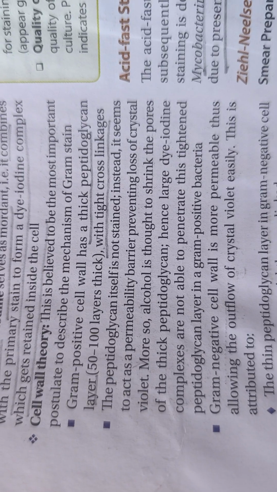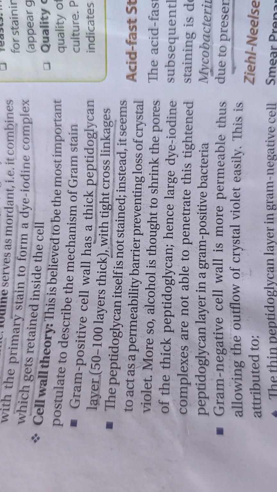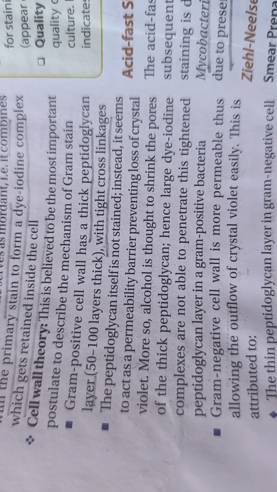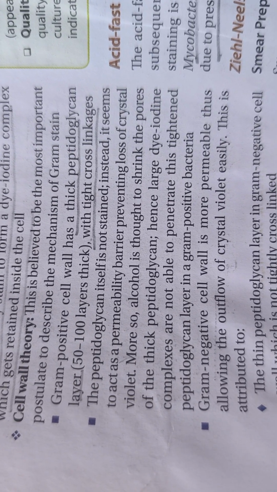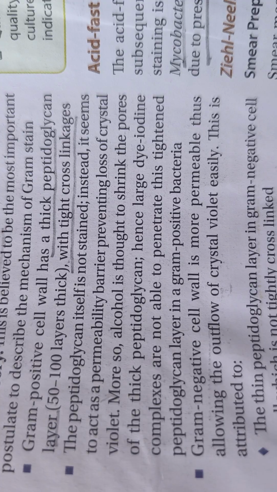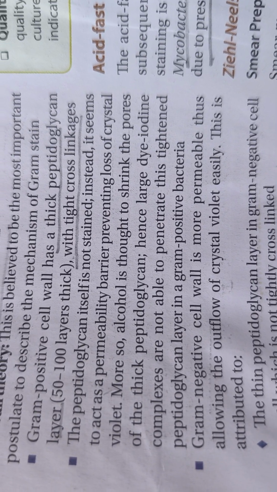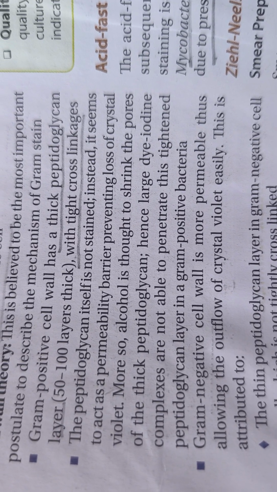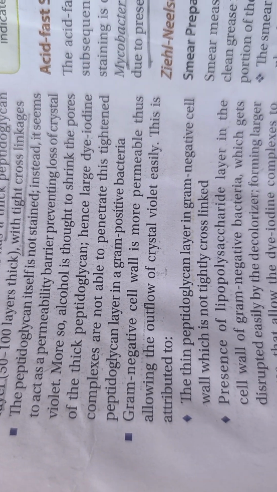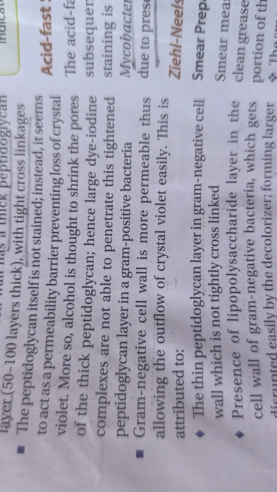Cell wall theory. This is believed to be the most important postulate to describe the mechanism of gram stain. The gram-positive cell wall has a thick peptidoglycan layer, 50 to 100 layers thick, with tight cross linkages. The peptidoglycan itself is not stained.